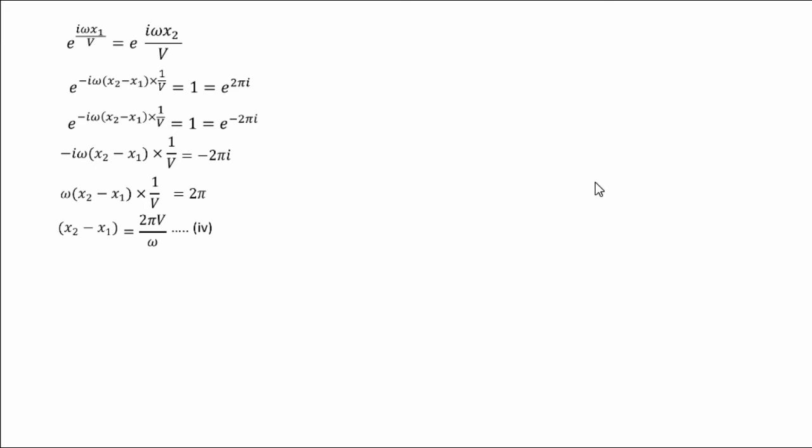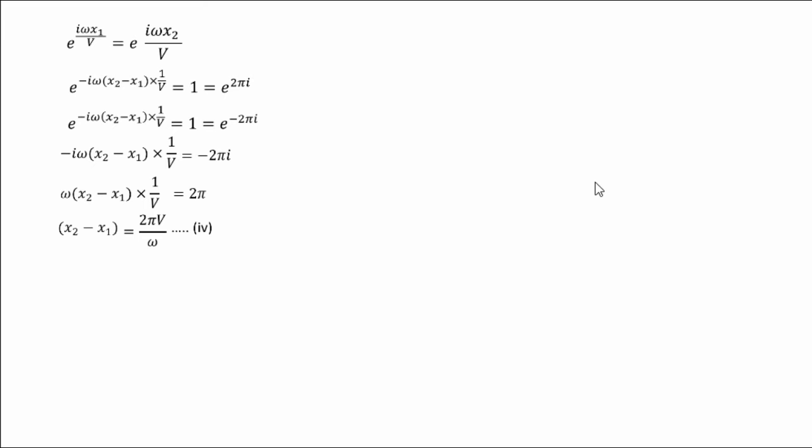e^{iωx1/v} = e^{iωx2/v}. To simplify, we first divide the left hand side by the right hand side.